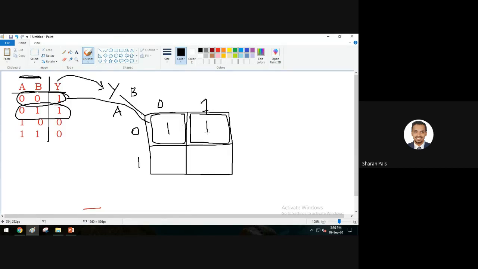So output is 1. Then go with the third one. 1, 0. A is 1, B is 0. So output is 0. A is 1, B is 1. My output is 0. This is the table. Fine. Horizontally, first two values are 1, second two values are 0.